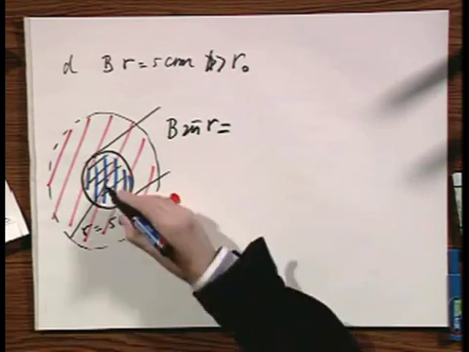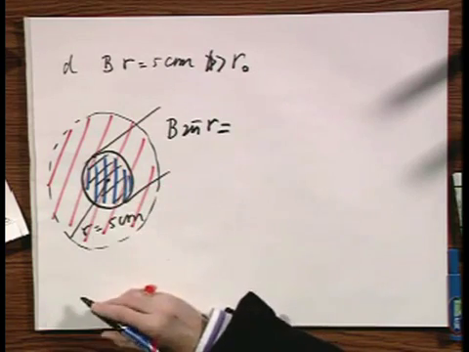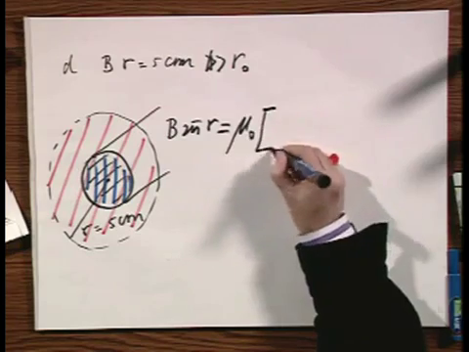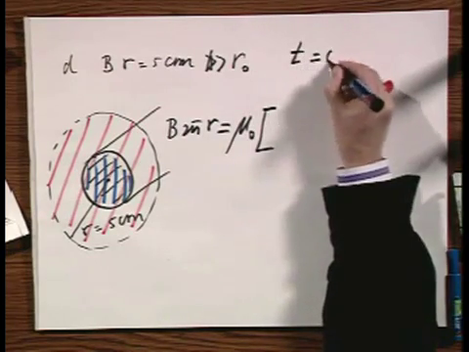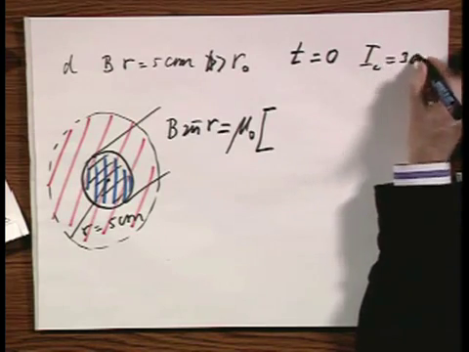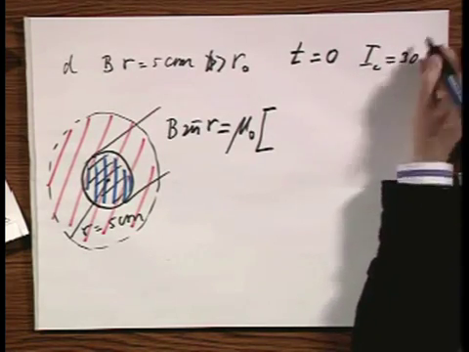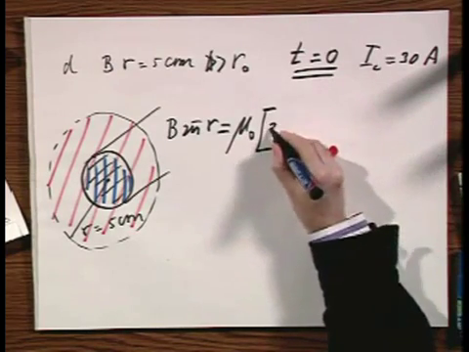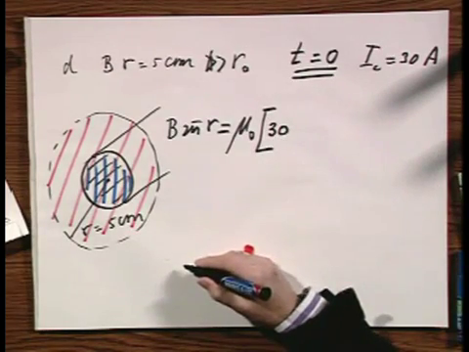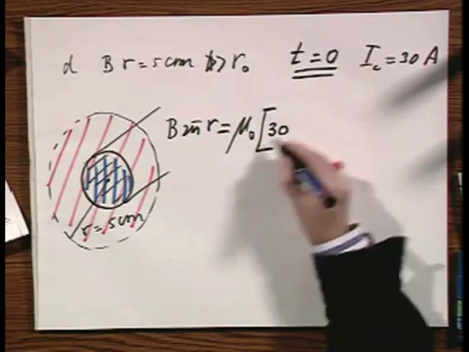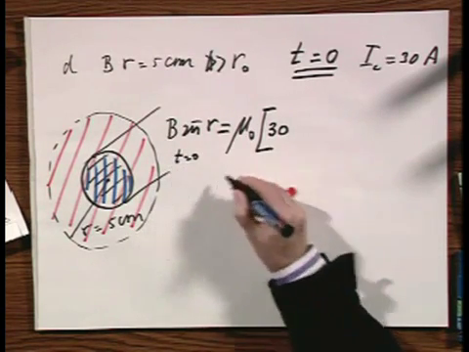Neither is the displacement current term. I put a mu0 outside, and I will calculate the situation when t equals 0, when the current was 30 amperes. A little later, of course, the current is higher. But I'll choose it, I will calculate at this moment. So I get a 30 here. That's a mu0 times I_C at time t equals 0.